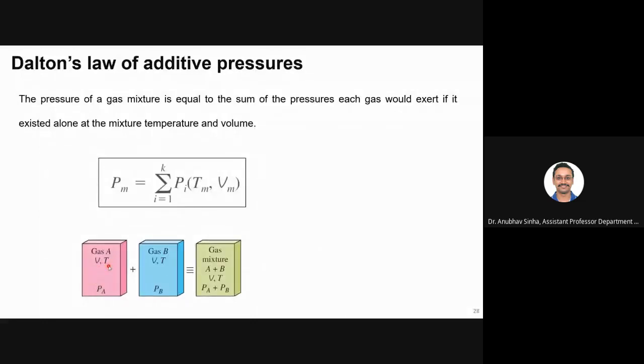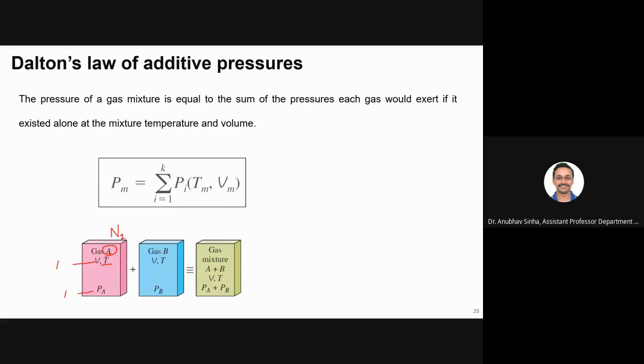Okay, let us say room temperature 30 degrees Celsius, 1 atmospheric pressure. That is for nitrogen. And this is, let us say, some volume, let us say 1 liter, or 1 meter cube, whatever you want. This will be 30 degrees Celsius. This is 1 atmosphere. This is gas A, let us say nitrogen.